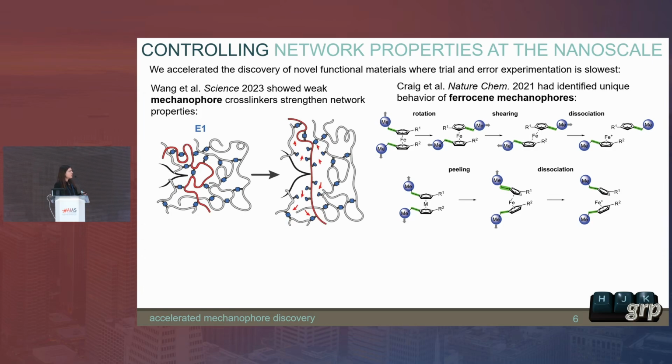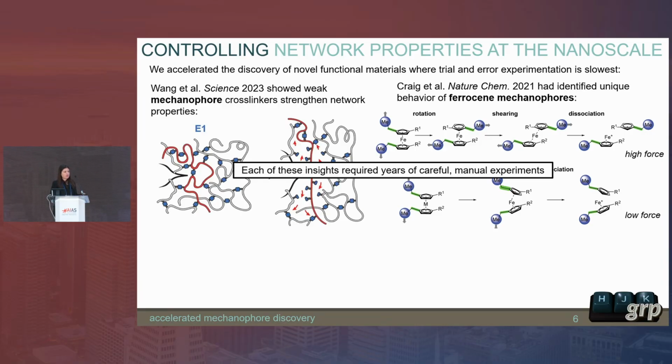Ferrocene is a transition metal complex, and it can do so in a way that's a bit unusual. Depending on how you pull on the ferrocene or what its local chemistry is, you can get either a very reactive mechanophore, which is what we'd like to incorporate into this polymer network, or a less reactive one. Each of these insights required years and years of experimentation.